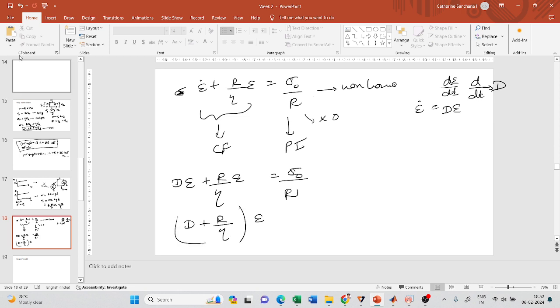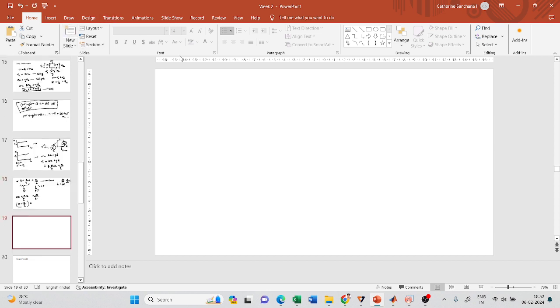The characteristic function of this will be c1 into e power alpha into t. Okay, t is my independent variable.